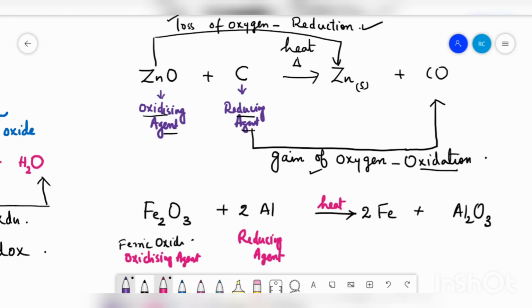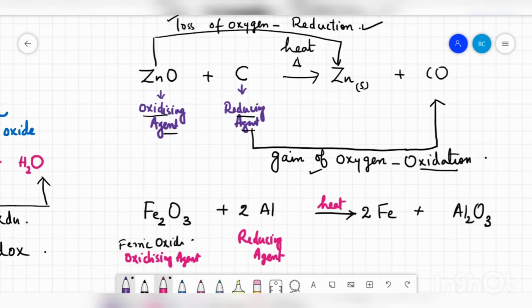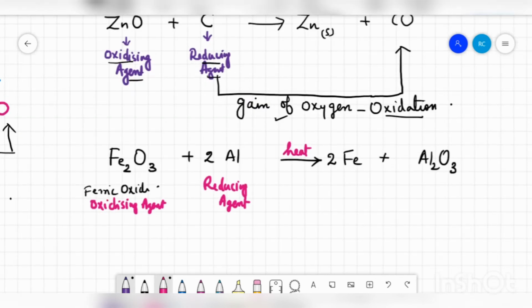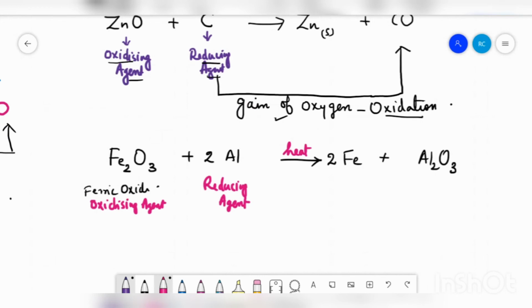Just tell me which substance will undergo oxidation and which substance will undergo reduction. Fe2O3 on reaction, the loss is oxygen. So loss of oxygen here, so that is reduction. Sorry, loss of oxygen, so that is reduction.